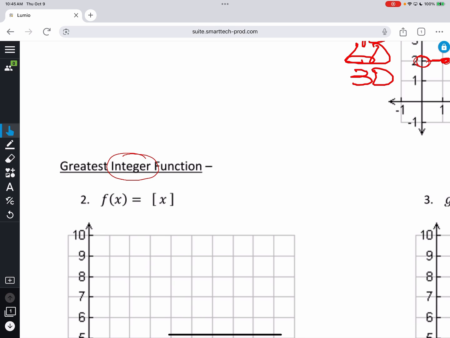An integer. But sometimes we're going to end up with numbers that aren't integers, but we have to use an integer. So every time you end up with a fraction or a decimal, you round down.